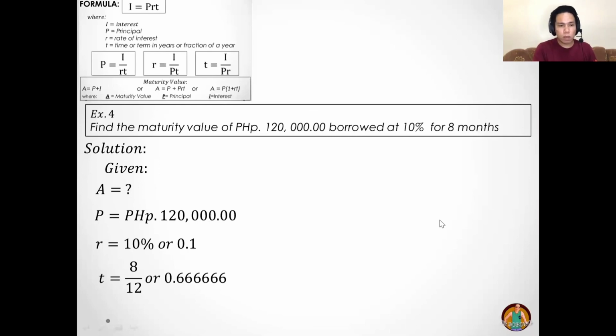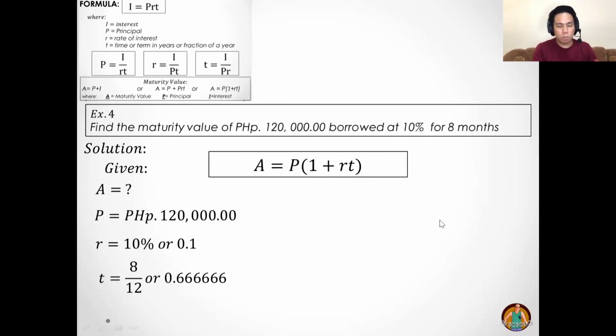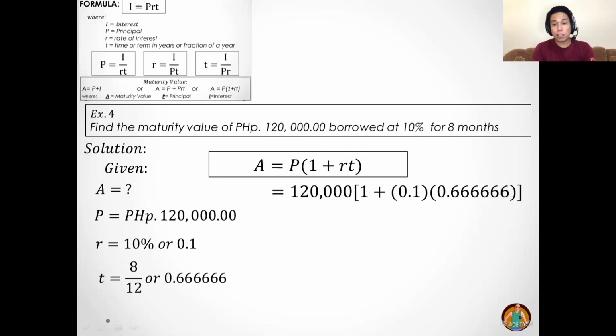Okay? So we're going to make use of the formula. A is equal to P quantity 1 plus RT. Of course, we're going to substitute kasi kompleto na yung given natin. So our P, of course, is 120,000. Okay, 1, copy 1 plus R is 0.1 and our time is 0.666666.